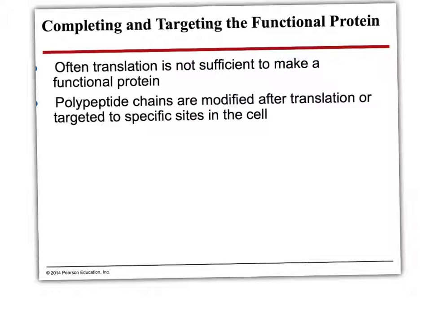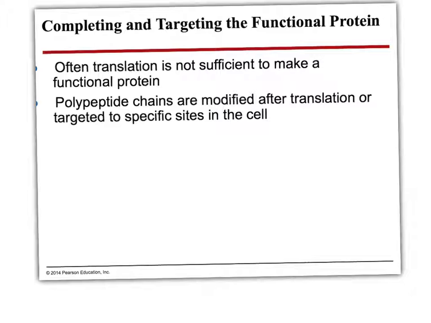Okay? It needs structure. It will assume its structure, and beyond that, it also may have what we call post-translational modifications. The cell can add parts to amino acids. It can put tags on the protein to determine whether or not it's going to be functional. It can change its biologic activity based upon those modifications.